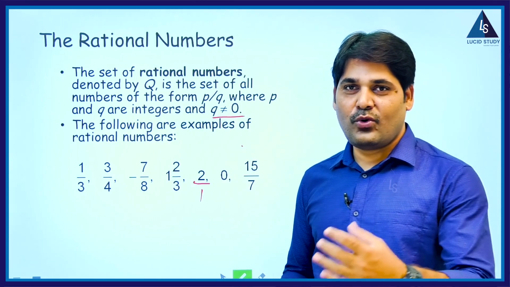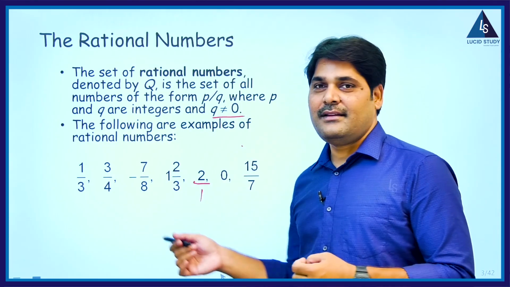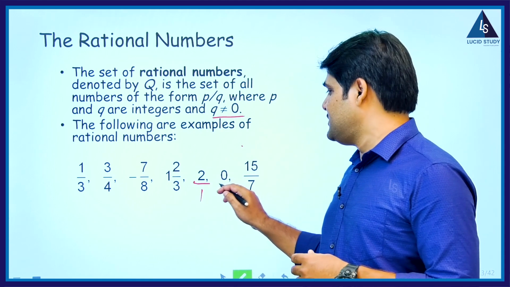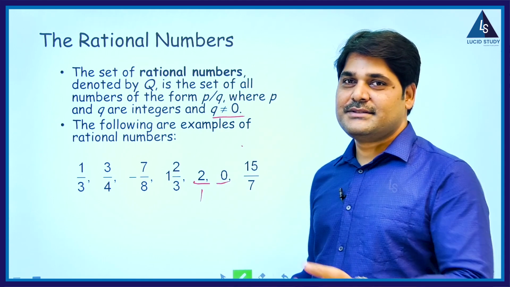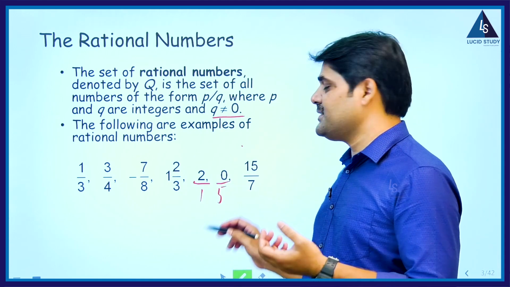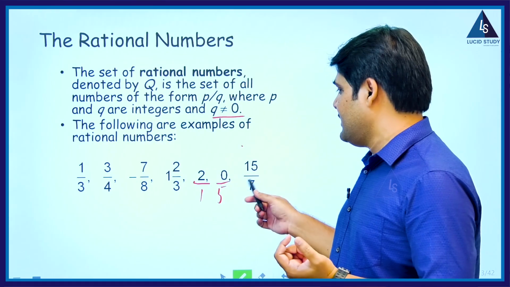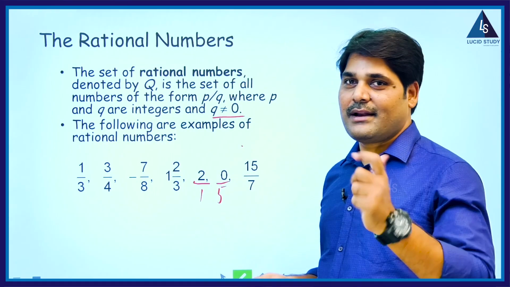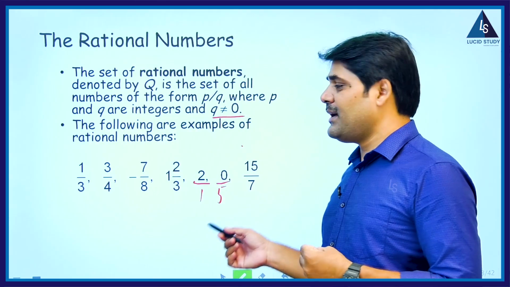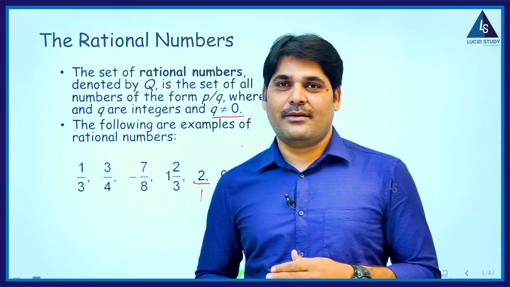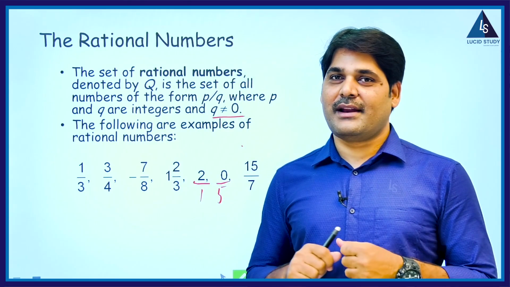Okay, so 2 by 1 we can write, so that it is a rational number. Even 0 is also a rational number. See here, 0 by any number you write, 0 by 5, the answer will be 0. So 0 is also a rational number. Denominator should not be 0, numerator can be 0. Okay, so 15 by 7, so many examples we can give.